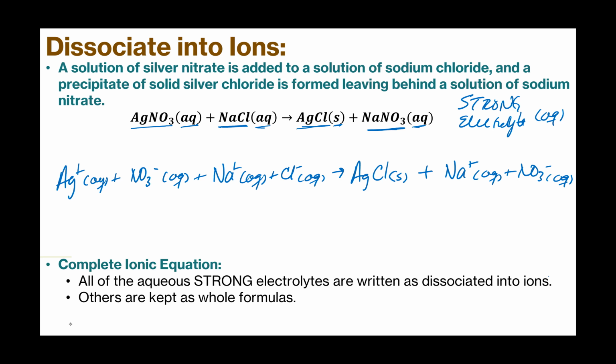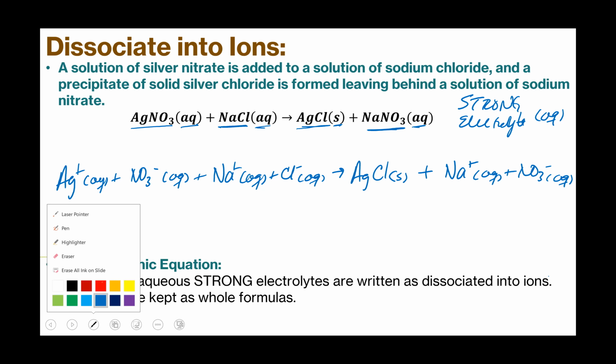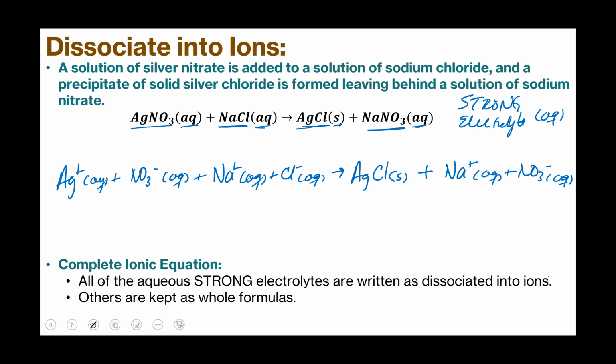All of our strong electrolytes are now dissociated into ions, only if they're aqueous. Let me give you a little side example while we're thinking about it. If we're doing a reaction and you put in solid sodium iodide, it would still do the reaction, but when you're writing the net ionic equation, because it's a solid, it's not going to dissociate.